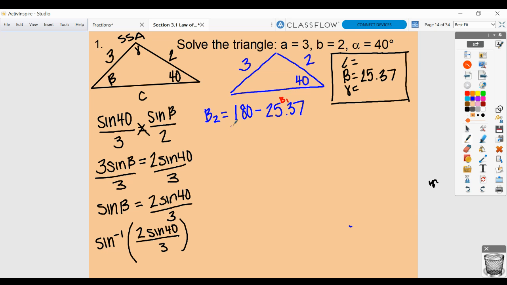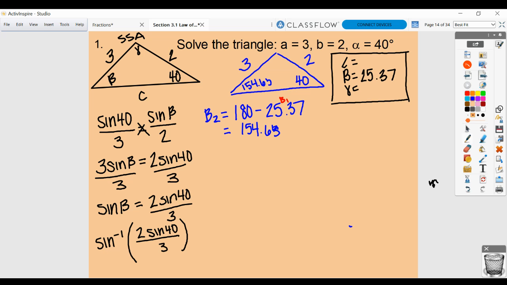And when you do that, 180 minus 25.37 is 154.63. So that 154.63 now goes into that second triangle.